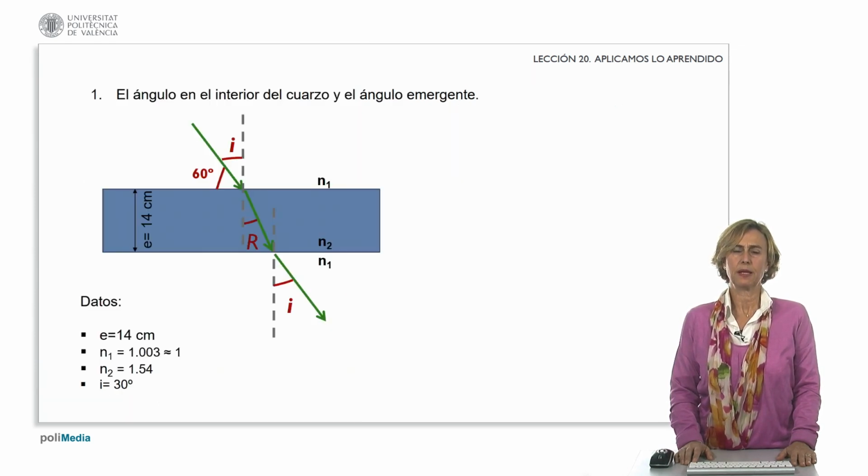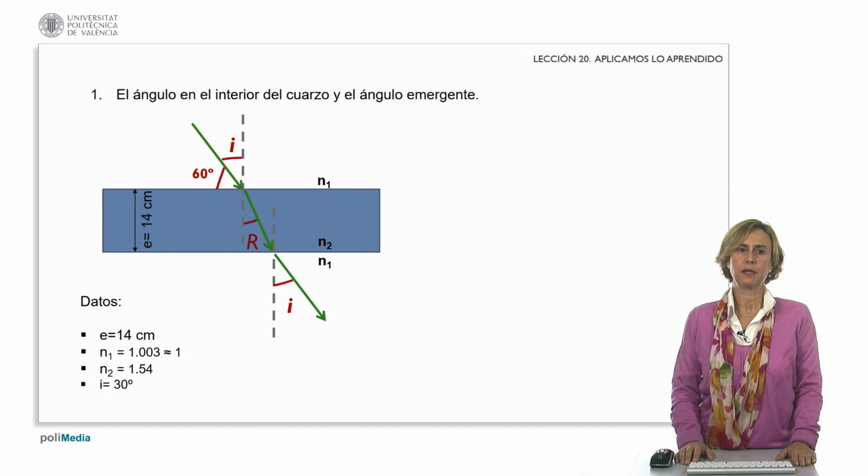Here we go. The first thing we have to take into account to determine the angle inside the quartz is which value the incident angle has. Well, at the bottom of the slide, we have the data proposed for this problem. We have the thickness and the refractive indices, and we don't have the angle of incidence, because what we really have is the angle that the beam forms with the sheet.